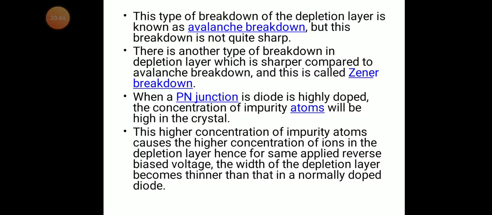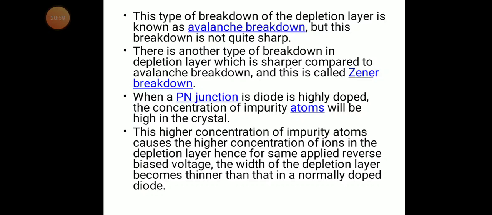The junction width is thinner, and the ions at the junction are very high because the diode is heavily doped. So what happens?